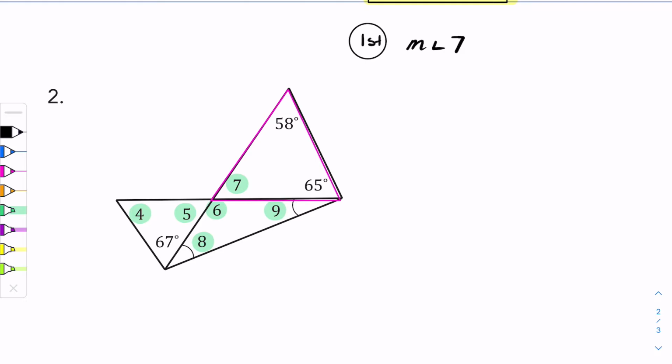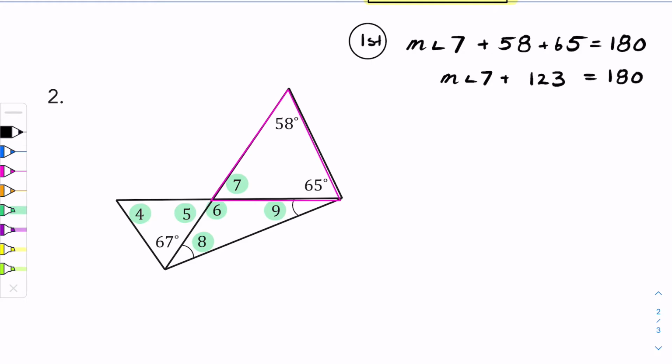All right, measure of angle 7 plus 58 plus 65 is going to equal 180 because of the interior angles of a triangle. The measure of angle 7 plus 123 is equal to 180.